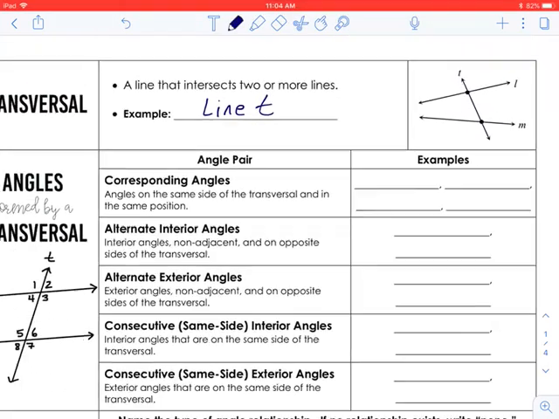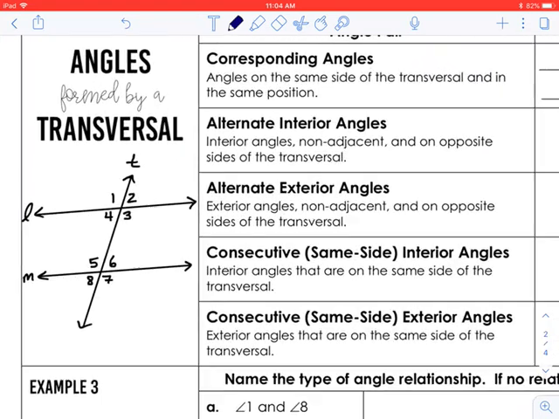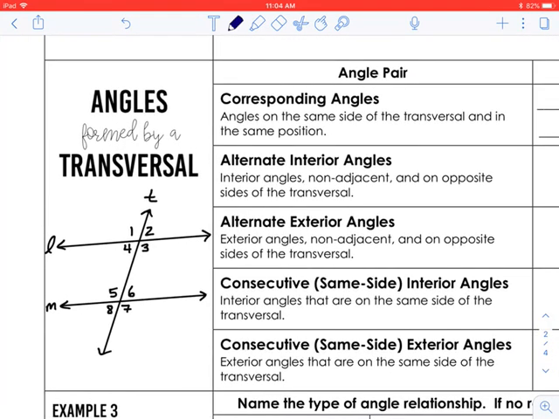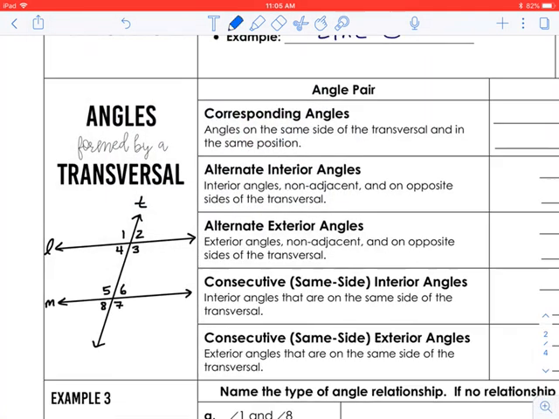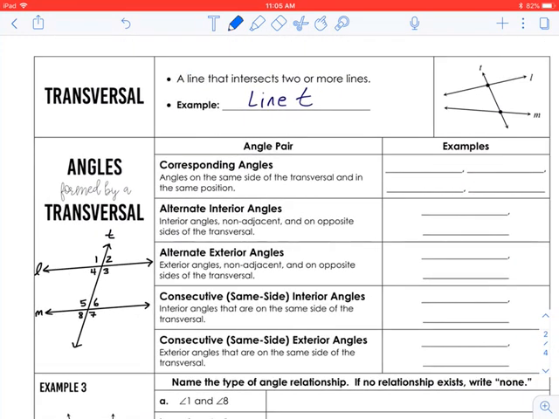That's a transversal. And we have a bunch of different classifications and relationships for these different angles. Corresponding angles are angles on the same side of the transversal and in the same position.